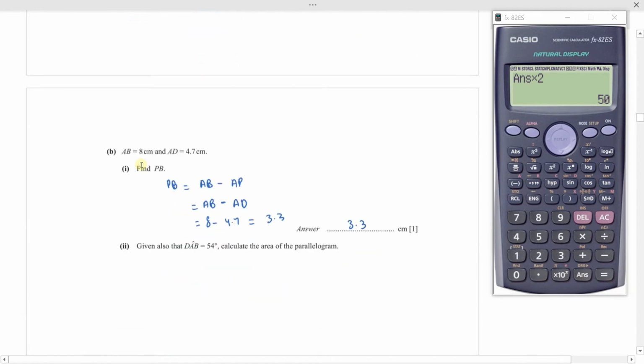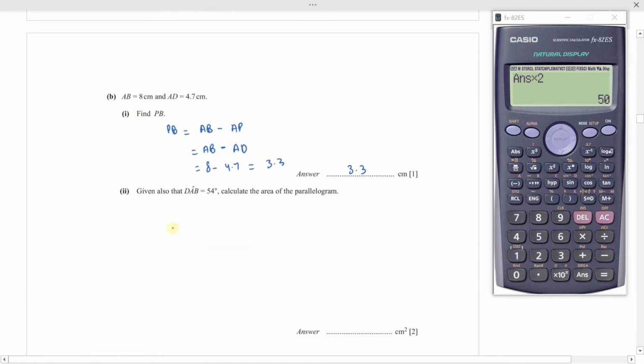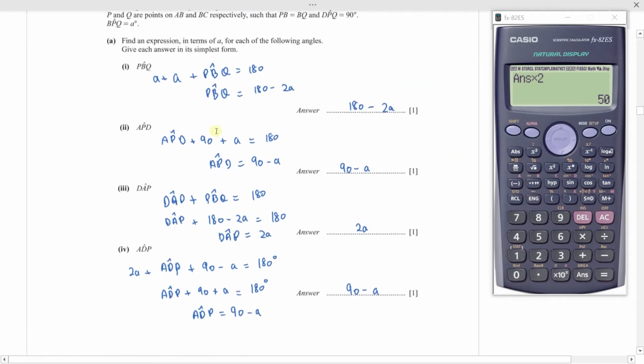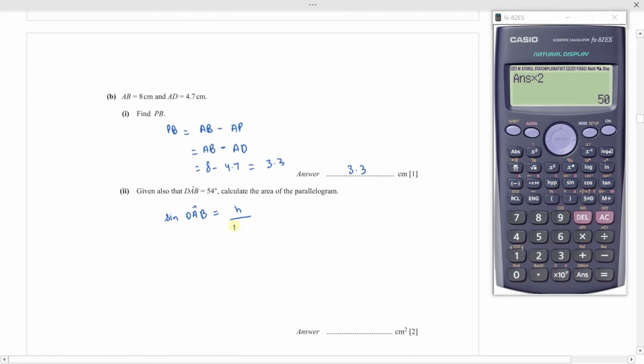So let's do that. You have sine of angle DAB equals the perpendicular height of the parallelogram divided by this side AD. So DAB is 54, so sine of 54 degrees is height h divided by AD, which is 4.7.